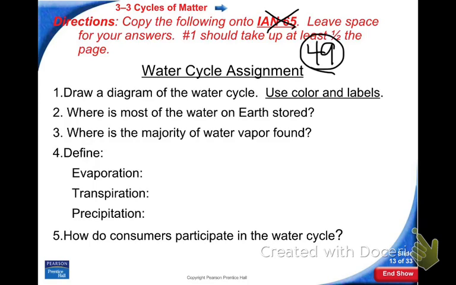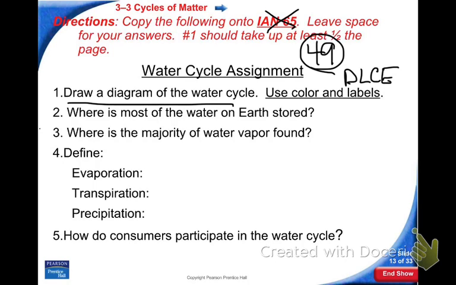Okay, so this is your DLCE. You're going to draw a diagram of the water cycle. And then you're going to answer these questions, 1 through 5. Okay, so don't do it right now.